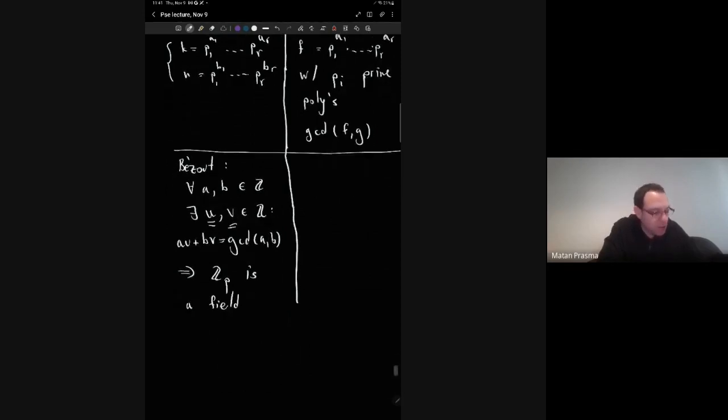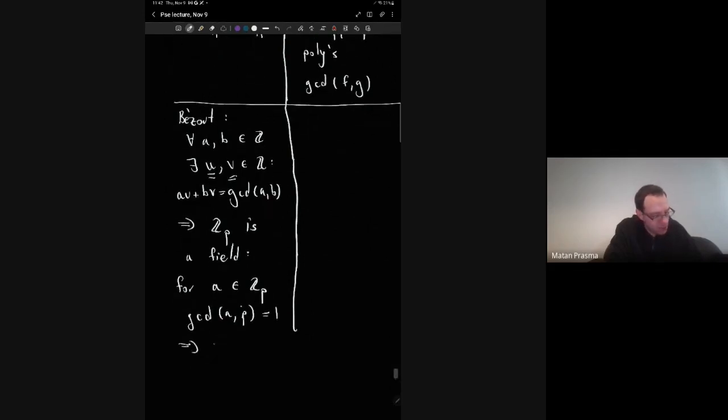And how do you do it? Well, all you need to find is a multiplicative inverse. So for a in the integers modulo p, of course, the GCD of a and p is 1.